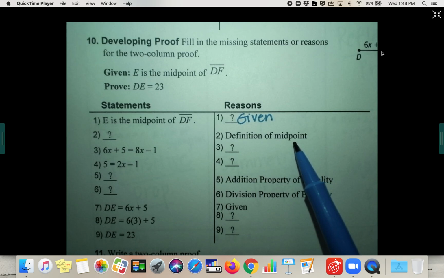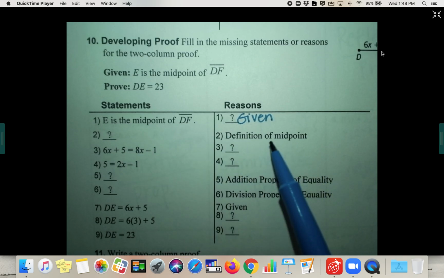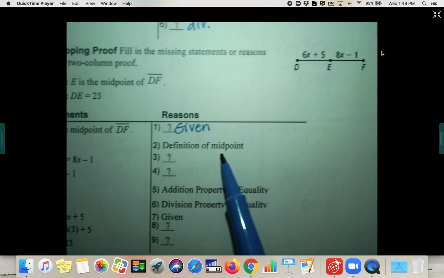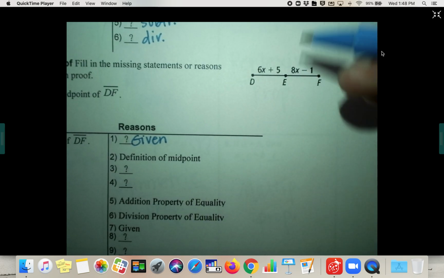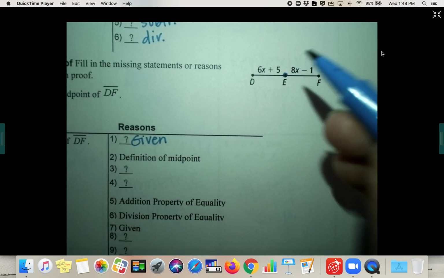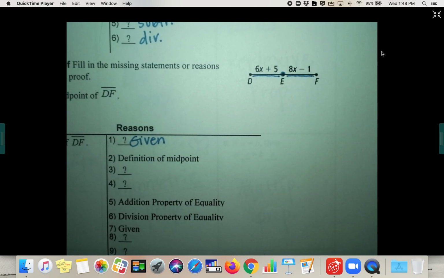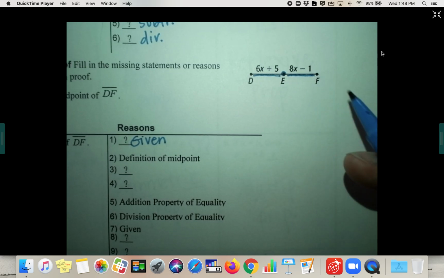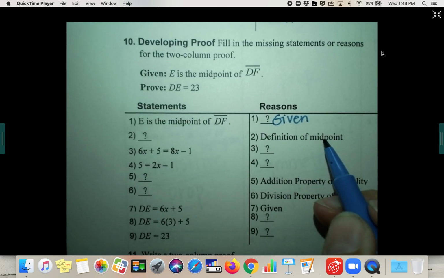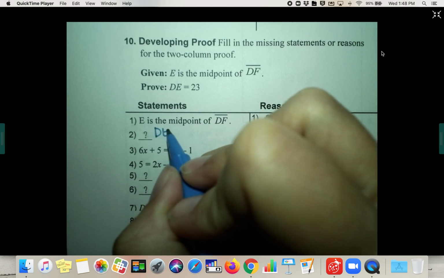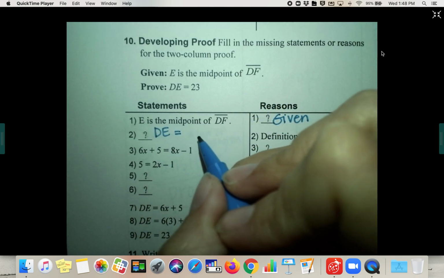So if it tells us that E is in the middle, then by definition of midpoint, what must it mean about DE and EF? I hope in your head you're saying DE has to equal EF. So by definition of midpoint, DE equals EF.